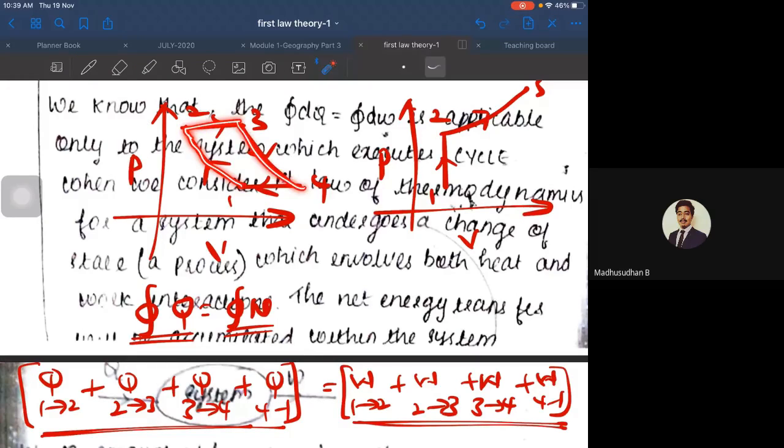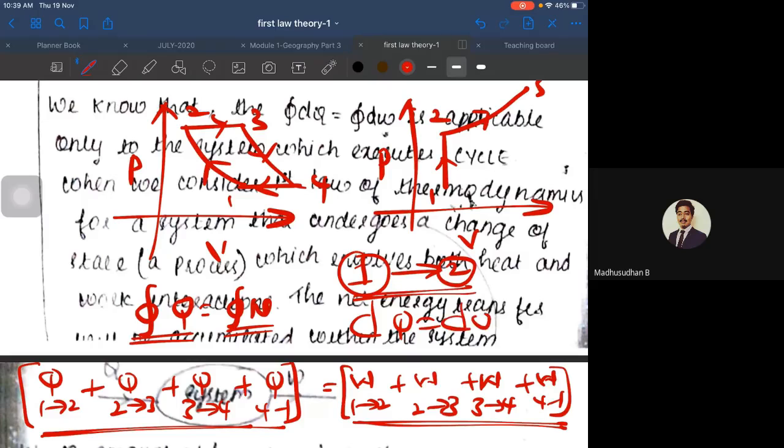I am not leaving out any of the processes. Now, if I want only the process 1 to 2, and I am not bothered about the entire cycle, then you cannot apply the cyclic integral of Q equals the cyclic integral of W. Rather, you have to go with dQ equals dU plus dW.